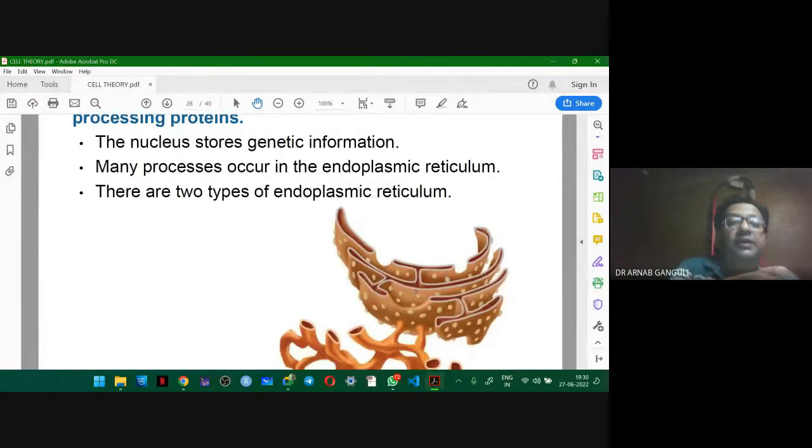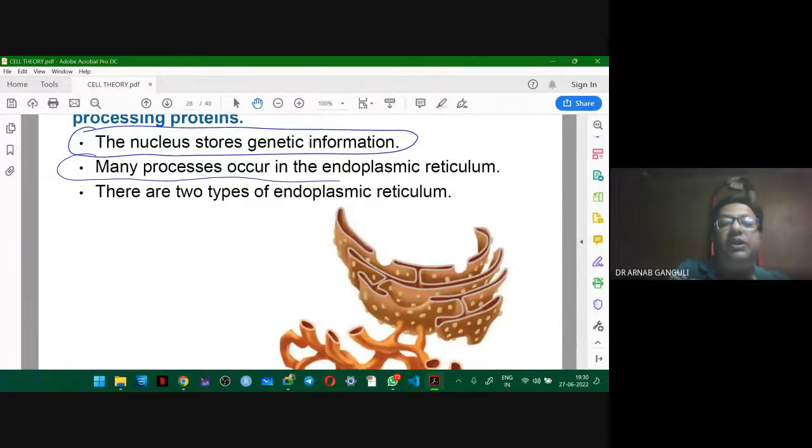So now we know that the nucleus stores genetic information. We know that many processes occur in the endoplasmic reticulum. What processes? Protein processing.